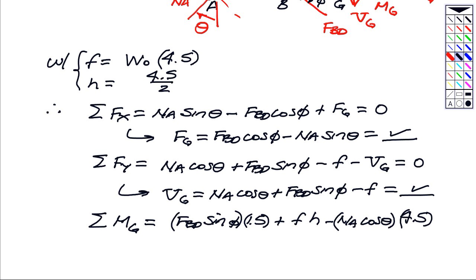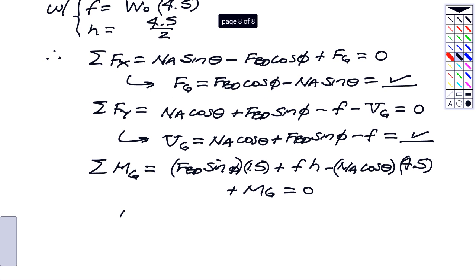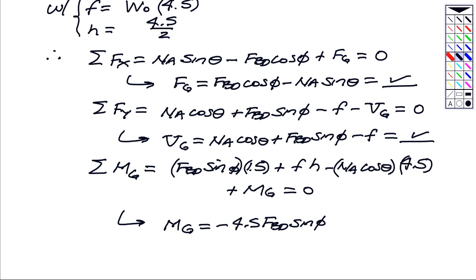And that's a negative sign because it's in the clockwise direction. And then the internal bending couple there of MG, that is 0. So from this, we calculate MG. MG is minus 4.5 FBD sine phi minus F times H plus 4.5 NA cosine theta. We have everything that we need to calculate MG.